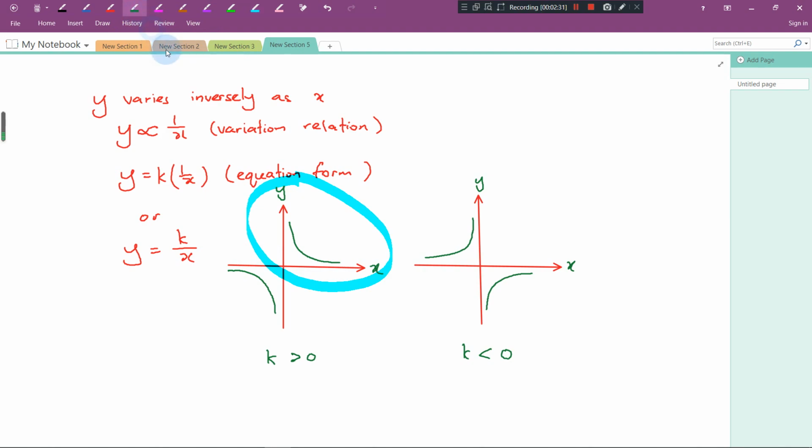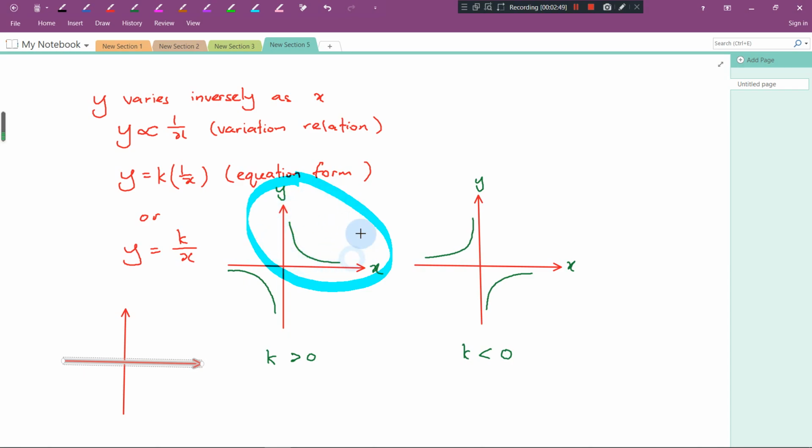Okay. So how about if you draw a graph y against 1 over x? Let's say now I draw a graph y against 1 over x. Now I'm just focusing on this part of the graph.